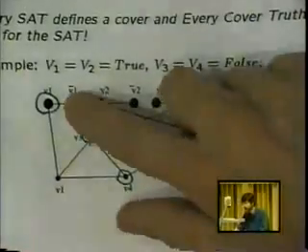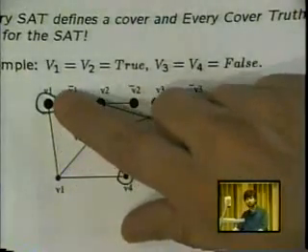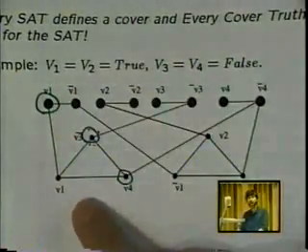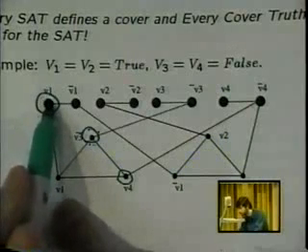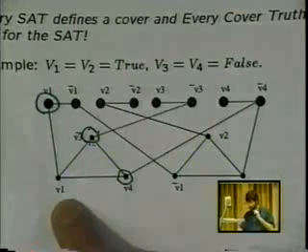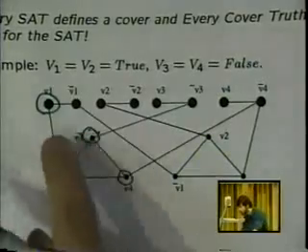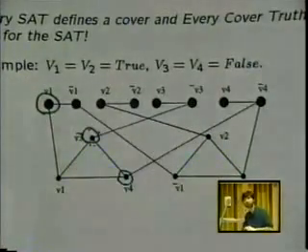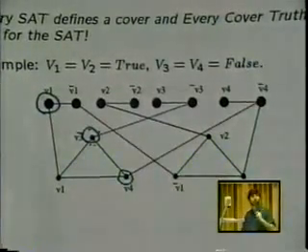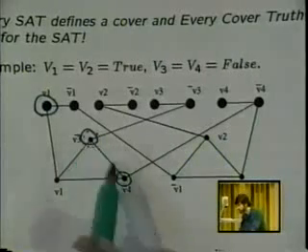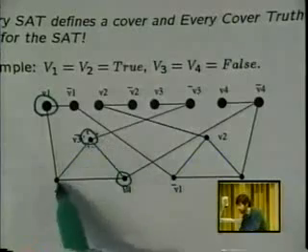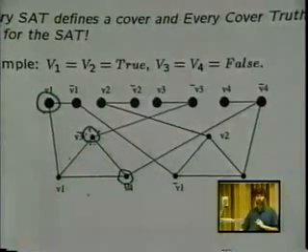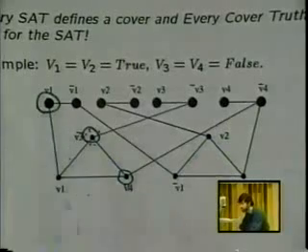Because this clause contains V1 in it. If we pick this variable to be true in our truth assignment, that will automatically make this clause satisfied. Once this clause is satisfied, we can pick the other two vertices, and that will take care of everything inside the triangle and everything else adjacent to this.